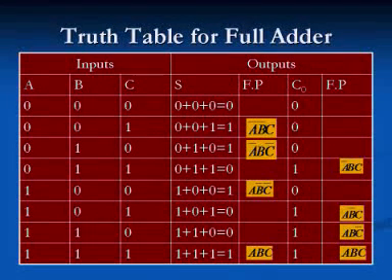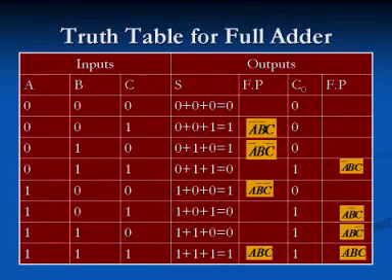For 0, 0, 1 inputs, the sum is 0 plus 0 plus 1 equal to 1, and the corresponding fundamental product term is A bar, B bar, C, and no carry is generated.